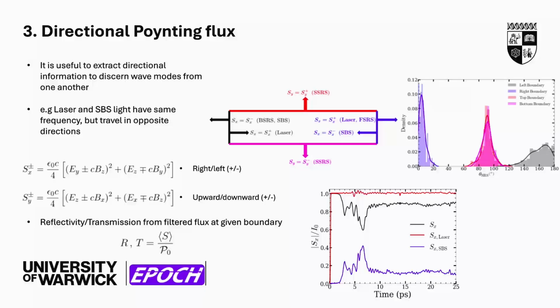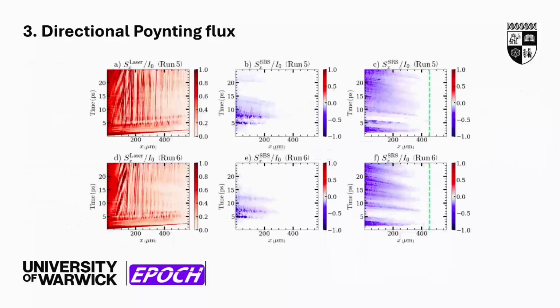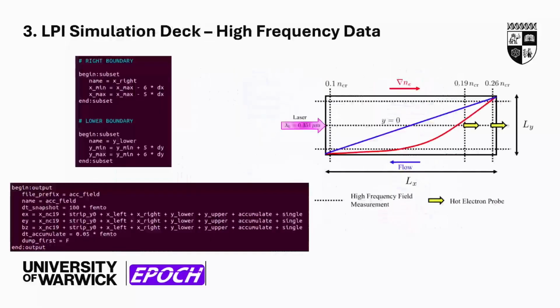Okay. So that's one diagnostic, and again, you can do this along the whole density ramp, and you can see where my laser is being depleted, where my SBS is growing, where my SRS is growing, and so on. And then there's the thing that will eventually be added in EPOCH, called accumulators.